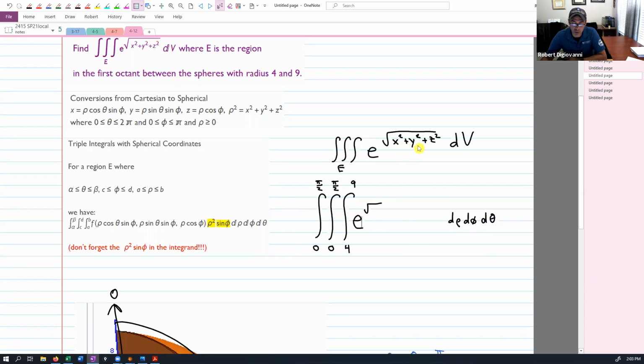Well, what's x squared plus y squared plus z squared? Rho squared. That's rho squared, right? So that's going to be the square root of rho squared. That's just going to give us rho. And I'm done? No, I'm not done, right? I still have to put in here rho squared sine phi. And that has to be there because anytime we go from Cartesian to spherical, we have to include that.